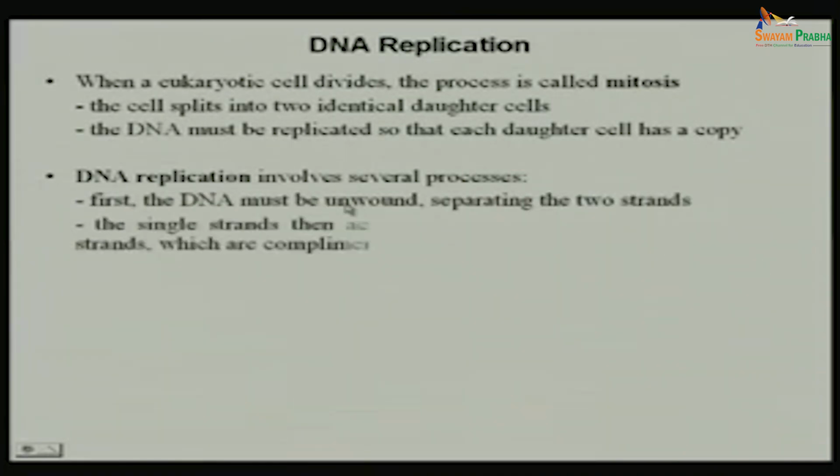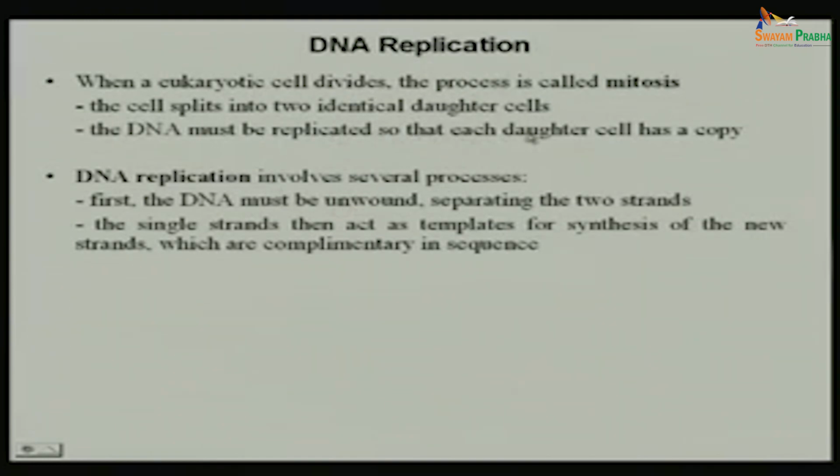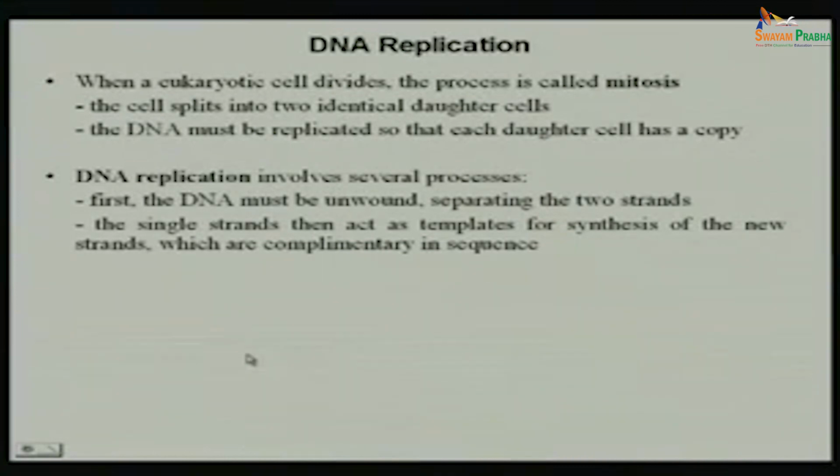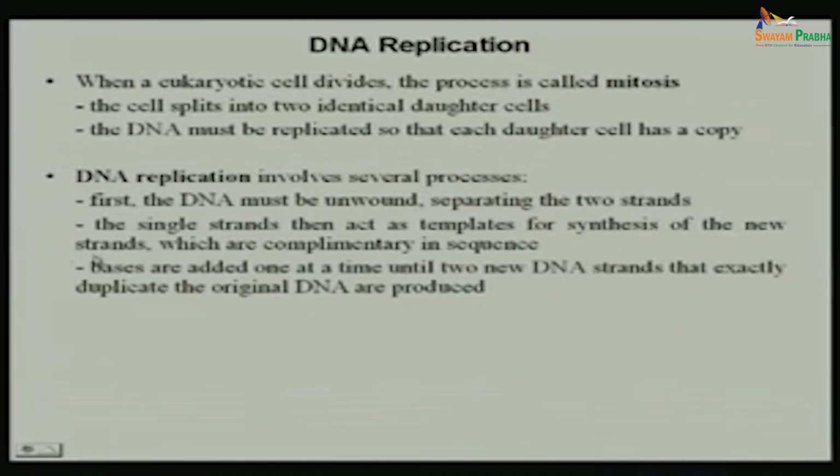The DNA must be replicated so that each daughter cell has the same copy number of the chromosomes. DNA replication involves several processes. First, the DNA must be unwound, separating the two strands.